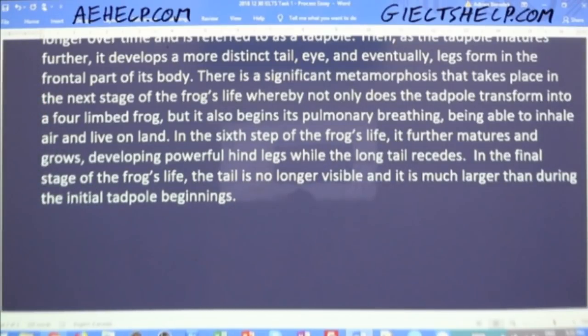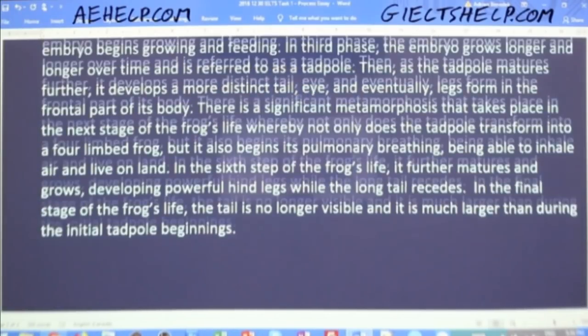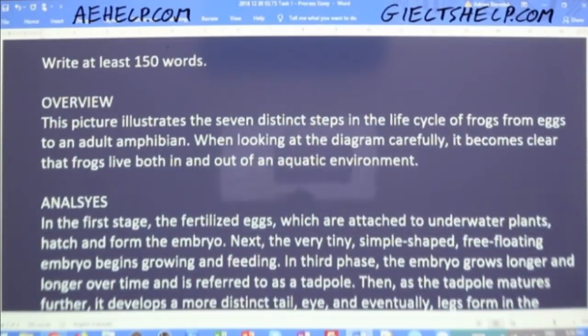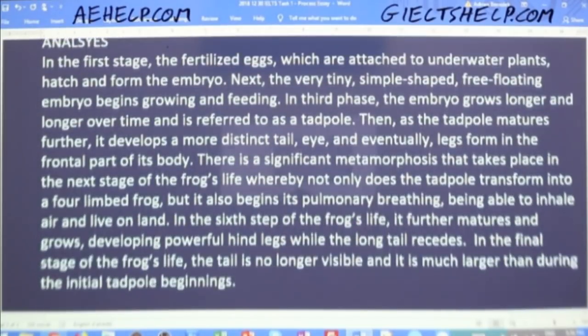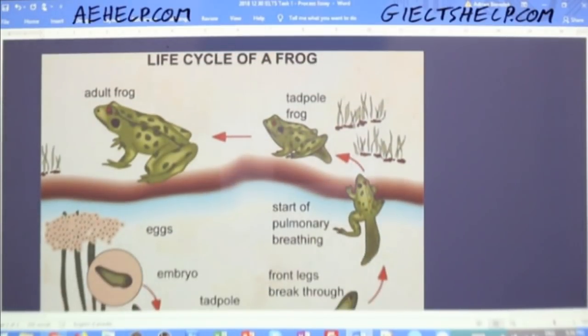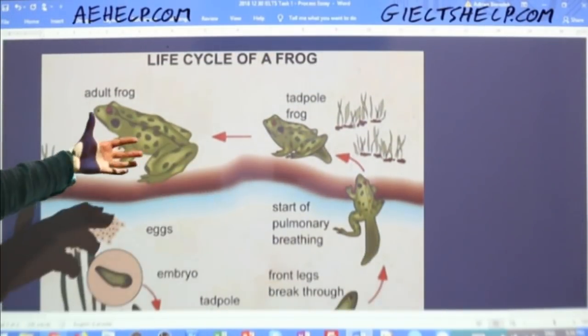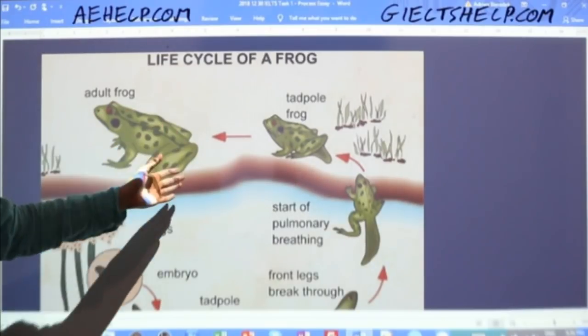Now, careful here. We're probably already at about 200 and some odd words, so you don't want to write too much. Okay, make sure you leave the 40 minutes for task 2. There's not too much going on, arguably, between these two steps here, other than becoming larger and the tail disappearing.